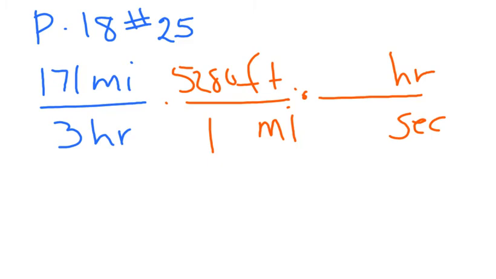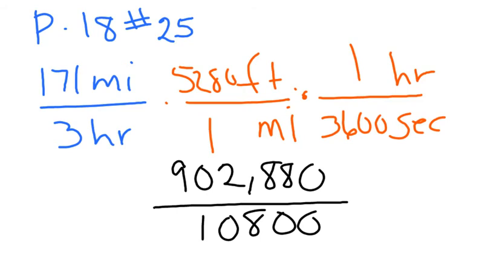Okay, so 3,600 seconds in 1 hour. Okay, now we're going to multiply everything on top. 171 times 5,280 times 1, and we're going to multiply everything on bottom. 3 times 1 times 3,600.